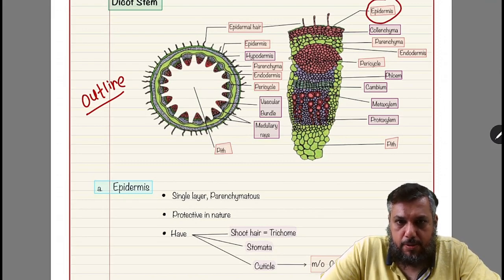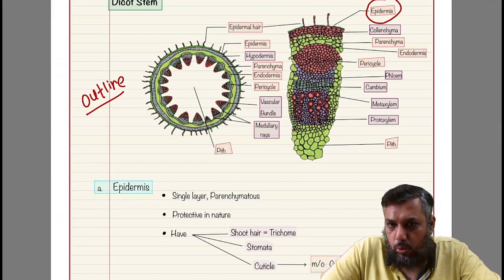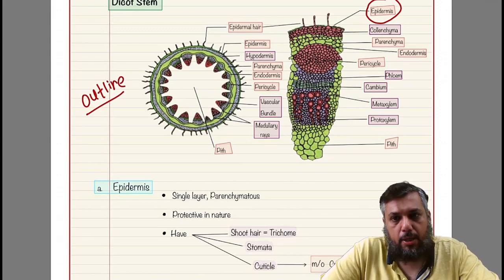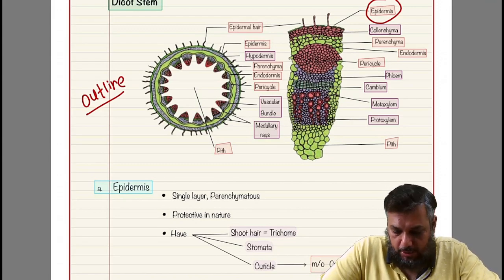This epidermis is a single layer. It is parenchymatous. It is protective in nature. And they show the presence of stem hairs, which are called trichomes, which are mostly multicellular. They can be soft or they can be stiff. And in some cases, they are glandular.